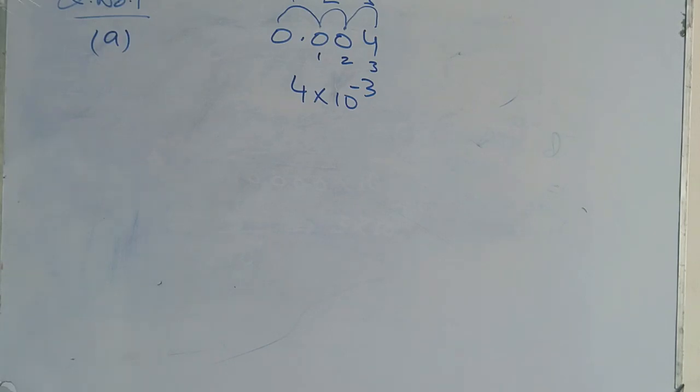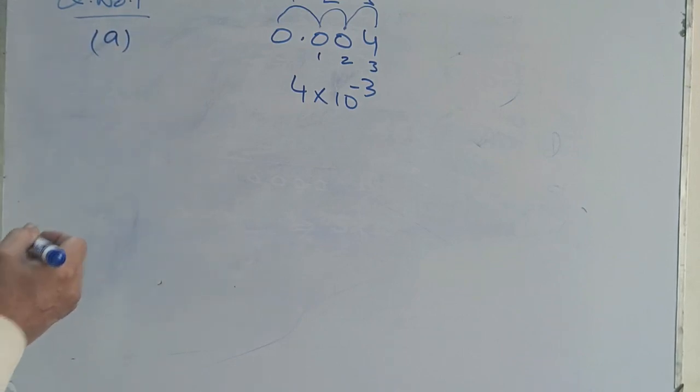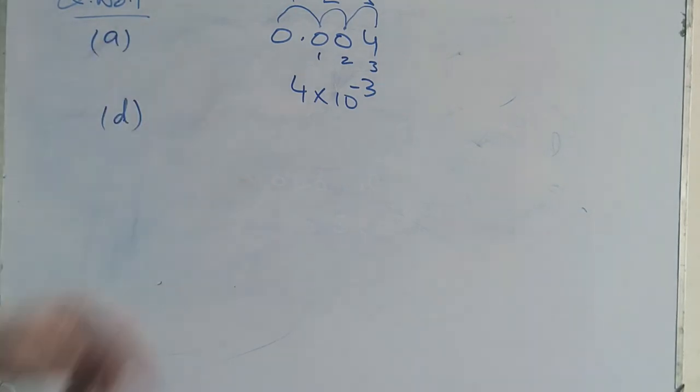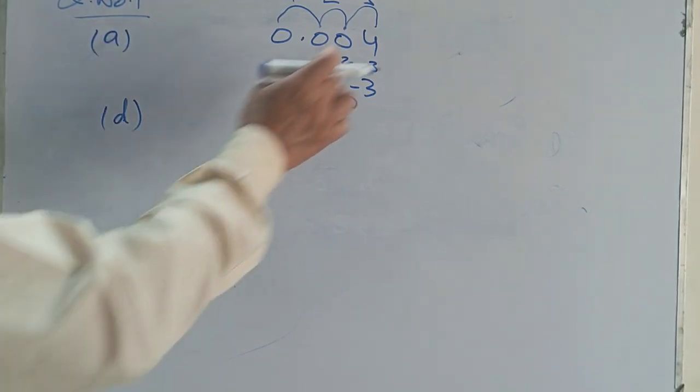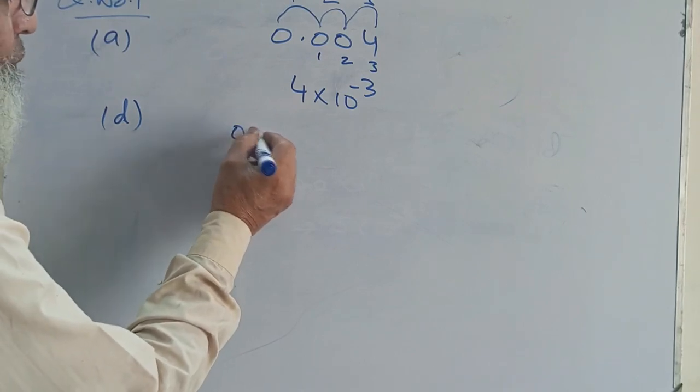The rest of the questions are the same in this question, but part D is a little different, because it has many more zeros ahead of the digits. Now this is written like this: 0.00.